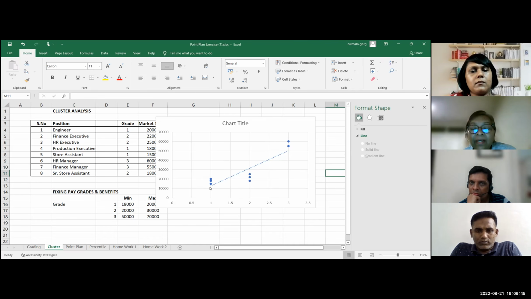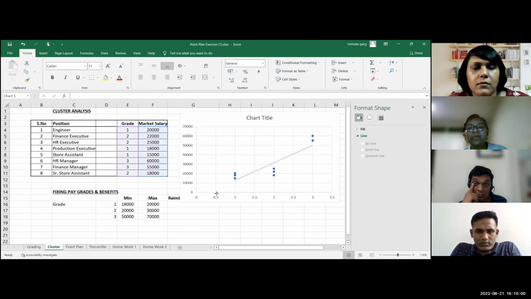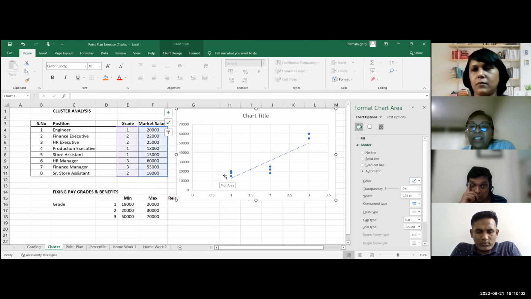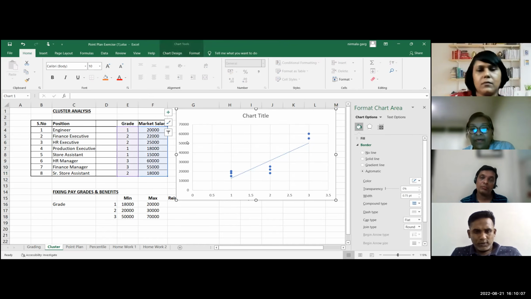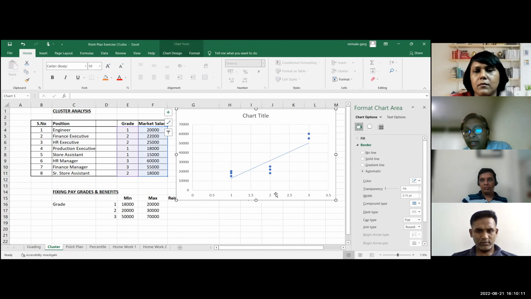So typically what will I do? I will take the job with the lowest market data. So if I were to say 18,000, I put it as 18,000. Let me just pull this. Okay. And the job with the highest. So when you do a graph, this is your market data and these are your grades with jobs.